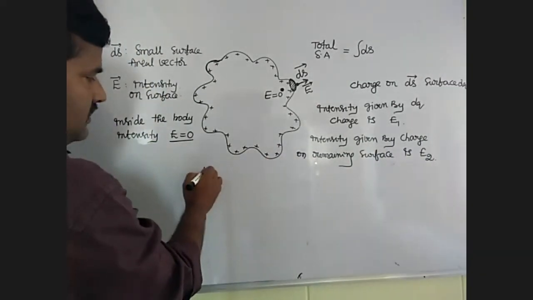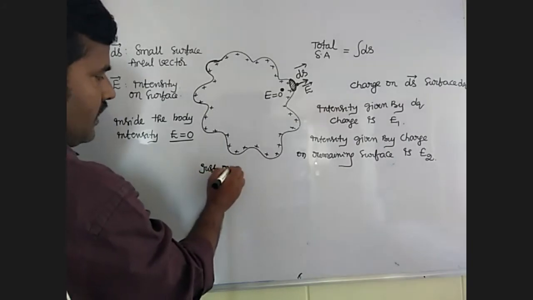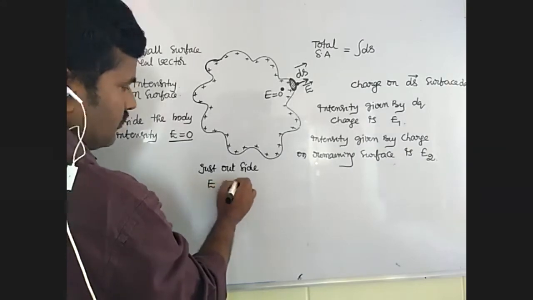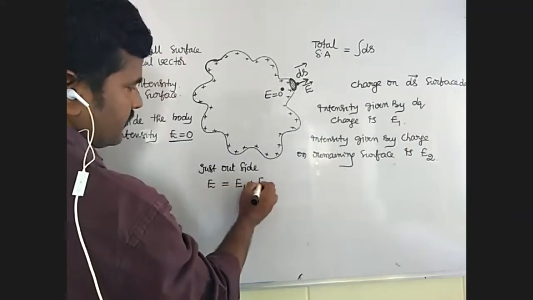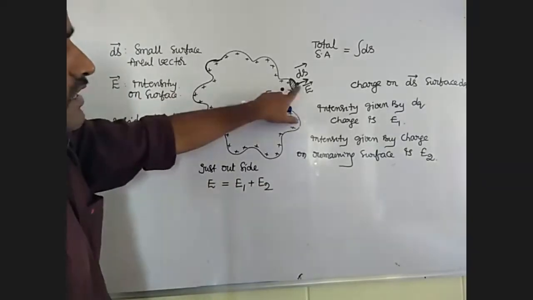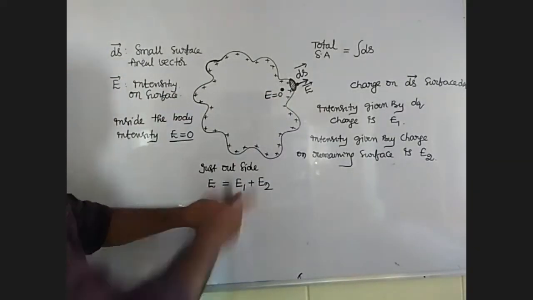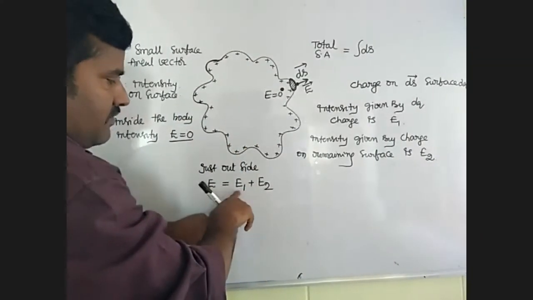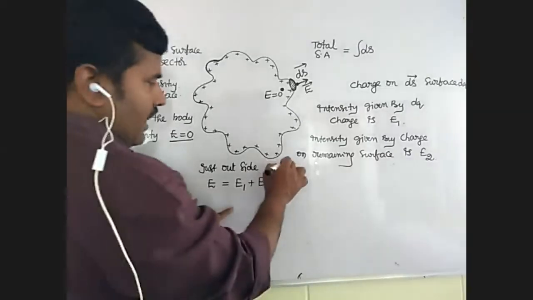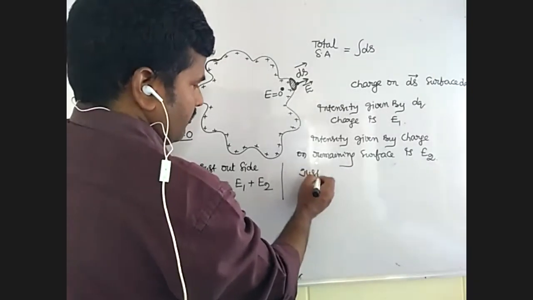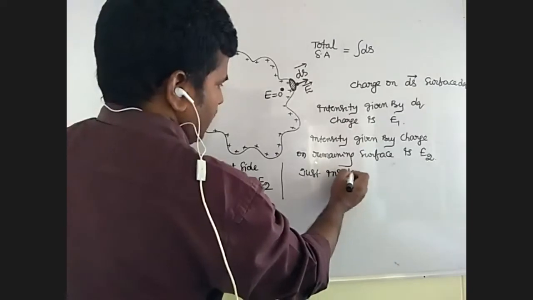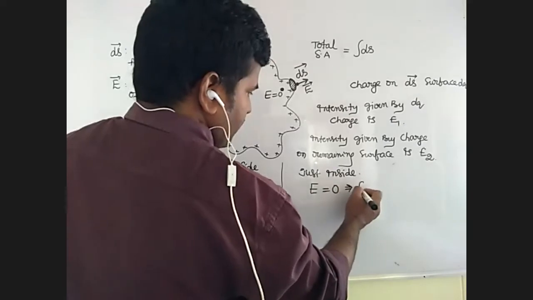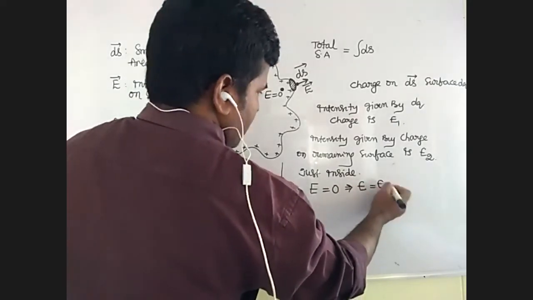Just outside, the intensity E equals E1 plus E2. The ds charge provides intensity E1, the remaining charge provides E2, so just outside the intensity becomes E1 plus E2. Again, just inside, the intensity becomes 0, which means E equals E1 minus E2.